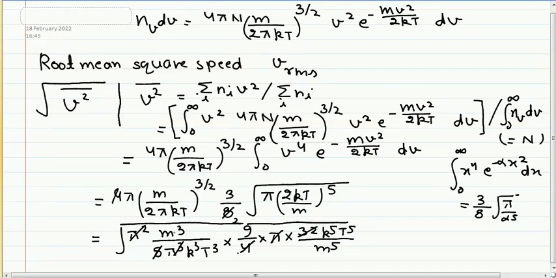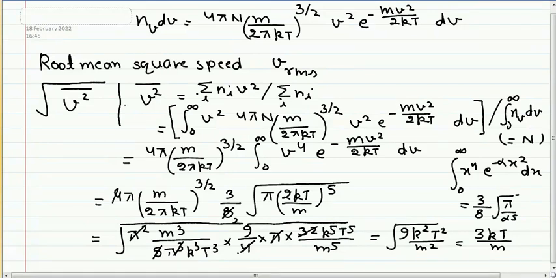And here it is (m by kT) to the power 3 and here it is (kT by m) to the power 5. So now we have 9 and then k square T square upon m square, or this is equal to 3kT upon m. So 3kT by m represents the term v square bar.